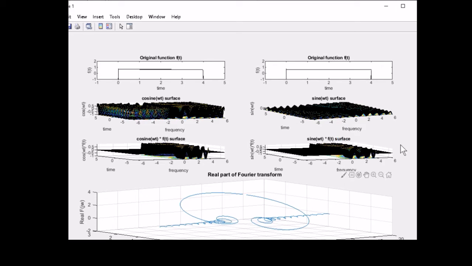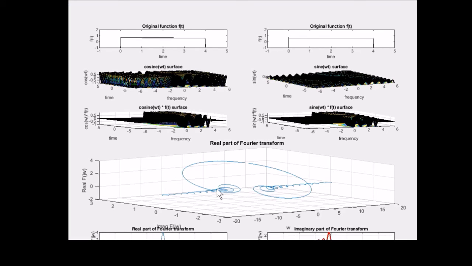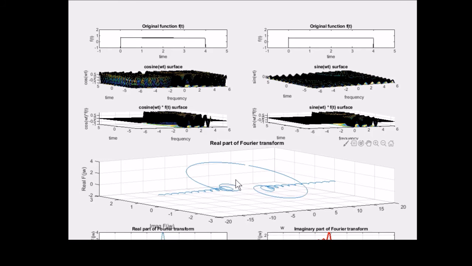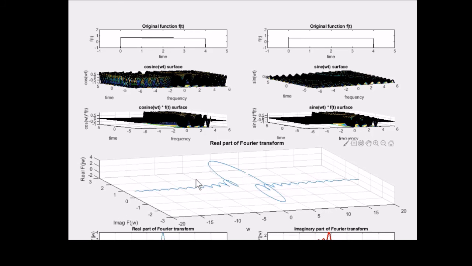Now finally, when we look at the Fourier transform, as we've seen in the previous diagram, it is shown in a 3D manner. So we've got the frequency along one axis, then we've got the imaginary and real part up the other axis, and you can move these round about in order to get the real and imaginary parts.